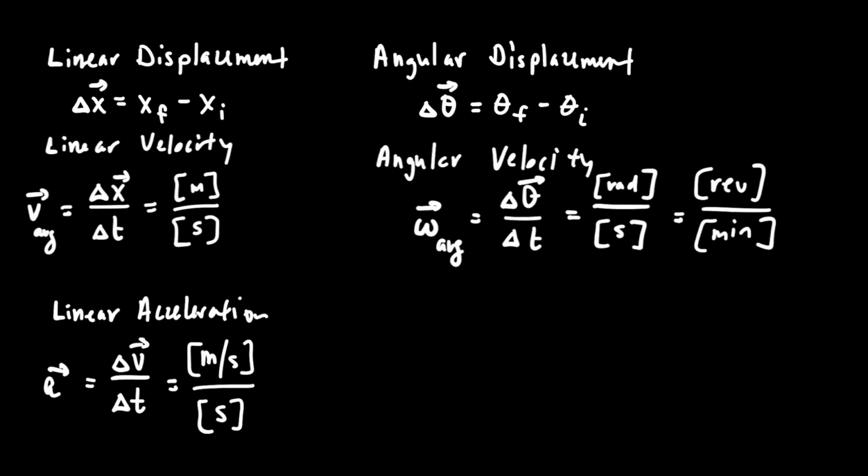And so similarly now, if an object is not rotating at a constant velocity, if it's speeding up, like for example when we put a CD into a computer and then it speeds up, or if it's slowing down like the rotation of a wheel as a bike comes to a stop, then the angular velocity might not be constant, in which case there would be an angular acceleration.